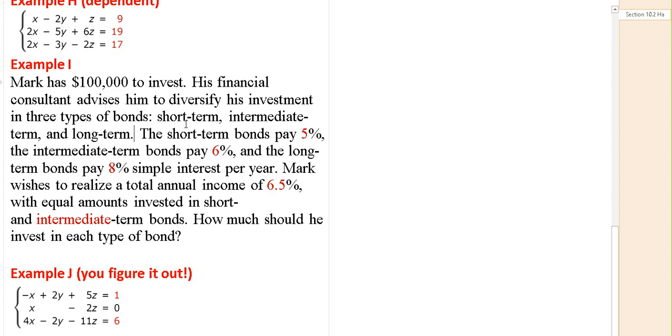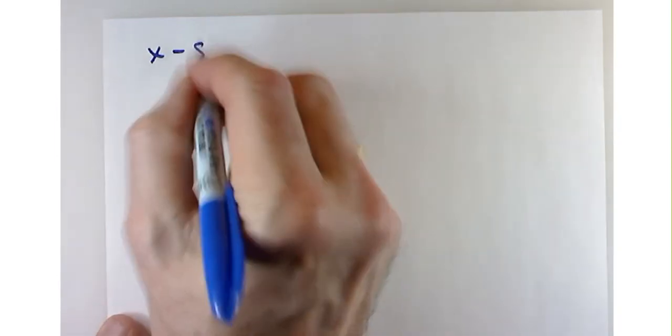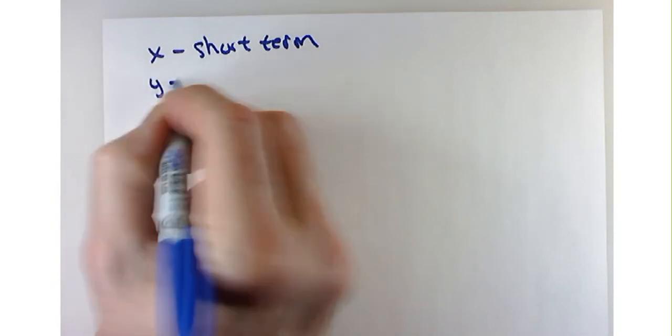So, any favorites? A, B, and C, X, Y, and Z? X, Y, and Z sounds good. All right, let's keep it in our comfort zone. We'll do X, Y, and Z. X is our short-term bonds. Y is intermediate-term bonds, and Z our long-term bonds.